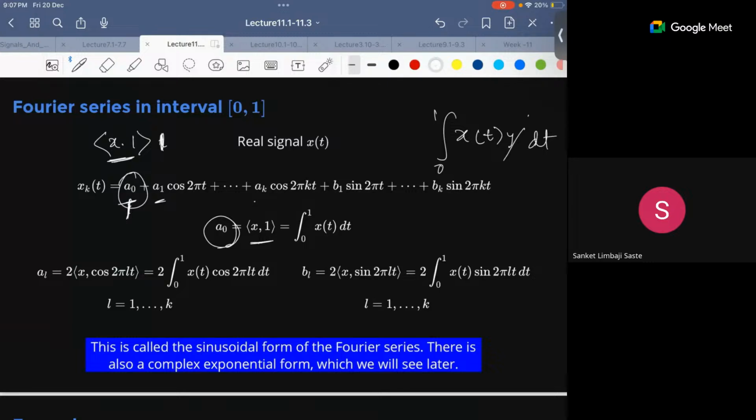For a naught you can remember the formula, over a time period 0 to T, x(t) dt, right? Similarly you can calculate the other coefficients. Mostly you'll be asked to calculate a naught, a1, or b1. If you are not able to understand the concept behind it, that is totally fine, but you should know how to calculate a naught, a1 and b1. That formula you should be knowing.